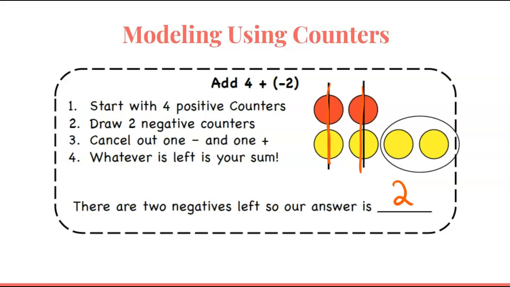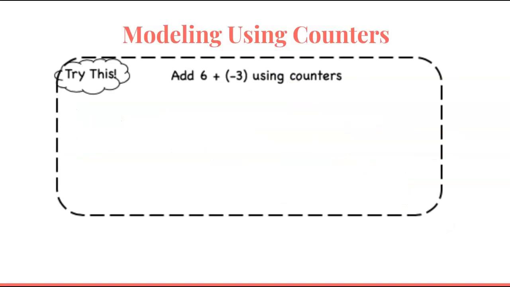Okay. So let's take a second, try the next one on your own, come back, and we will go over it together. So the next problem we have is 6 plus negative 3, and they want me to model it using counters. So I want to start off, and I'm going to use yellow for my positive counters with my 6 positive counters.